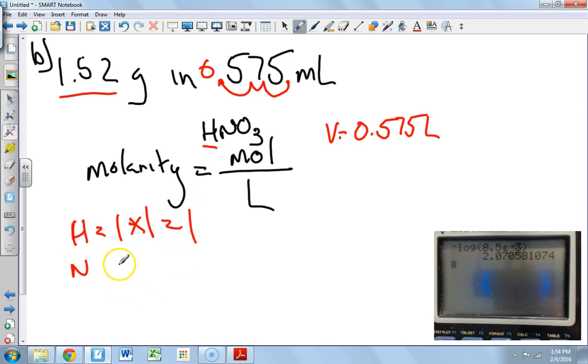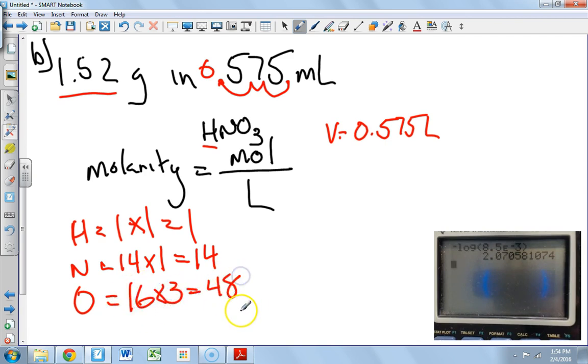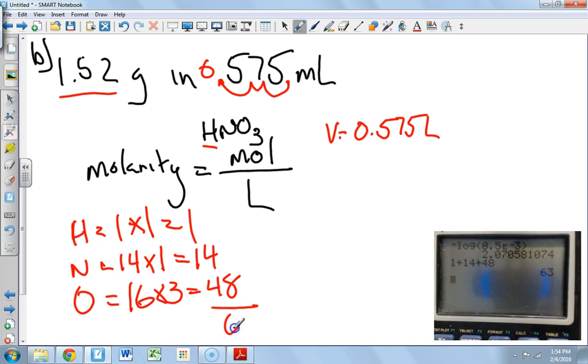For nitrogen, the molar mass is 14 times 1 equals 14. And then oxygen is 16 times 3, and that equals 48. So we add up 1 plus 14 plus 48, and we get 63 grams per mole.